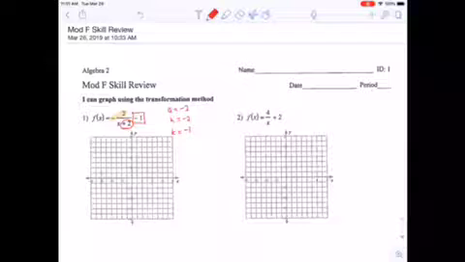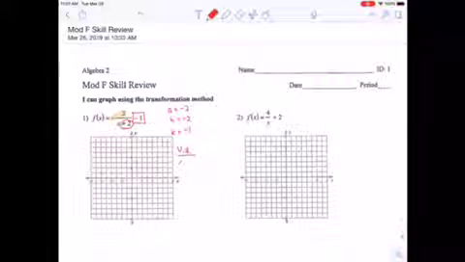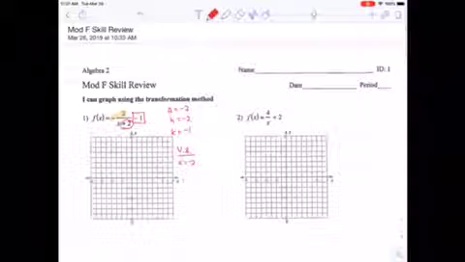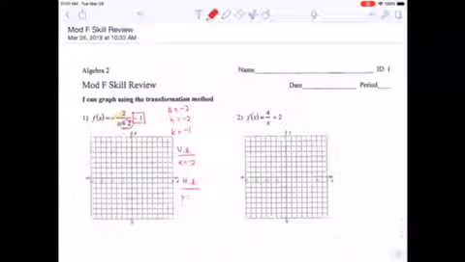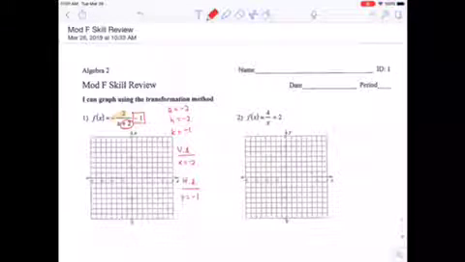So what this allows us to do is know that our vertical asymptote is the line x equals -2, because it's always x equals the h value. And your horizontal asymptote is always y equals, and that's going to be your k value, -1.